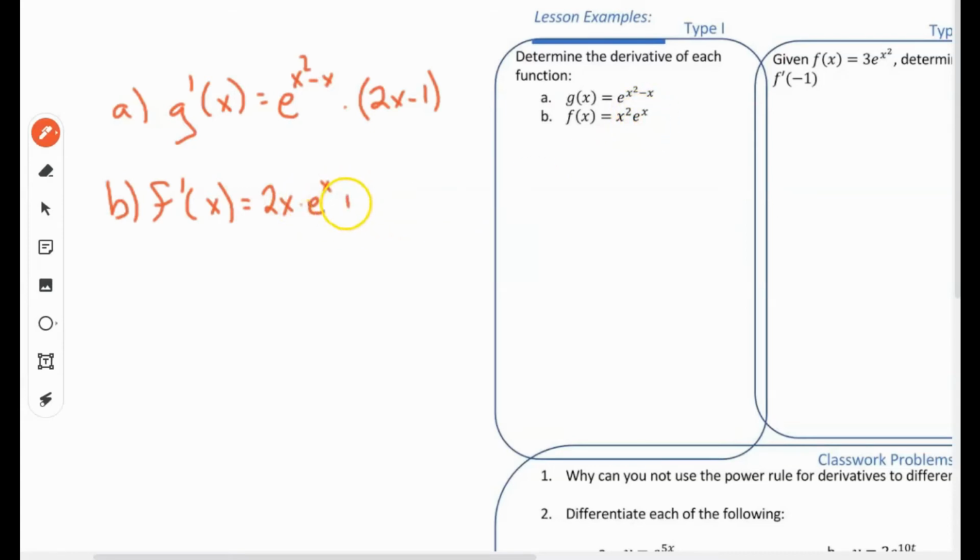Now we're going to add: we're going to leave that first part, x squared, and multiply it by the derivative of e to the x, which is e to the x. There you go. That's it. If you like, you can factor out an e to the x. So we have e to the x times 2x plus x squared.